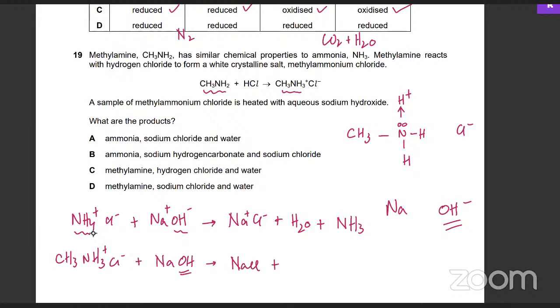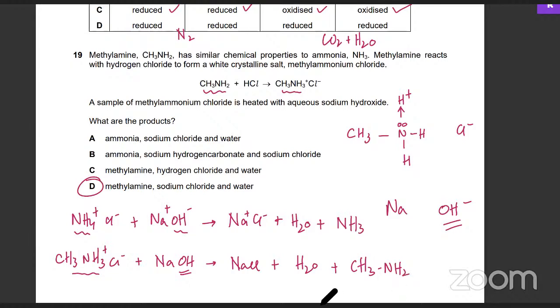The OH ion will accept an H+1, so it will form water. And the methyl ammonium ion, CH3NH3+, will lose an H+1, giving its H+1 to OH ions. So what you'll get is NaCl, water and methylamine.